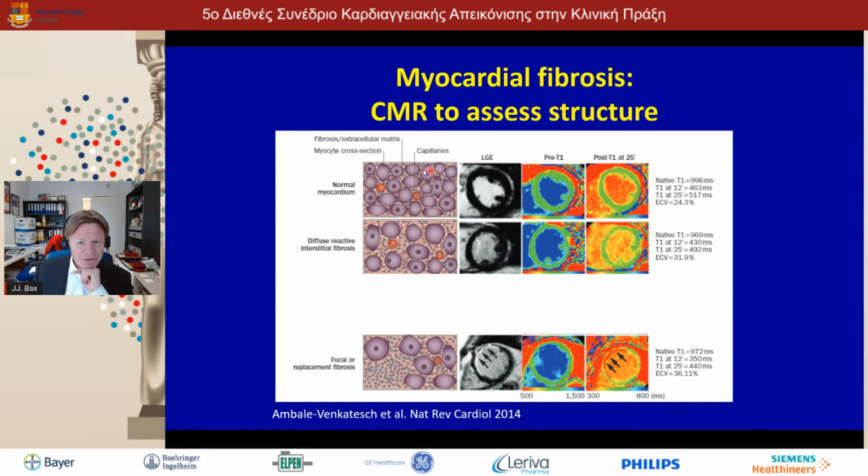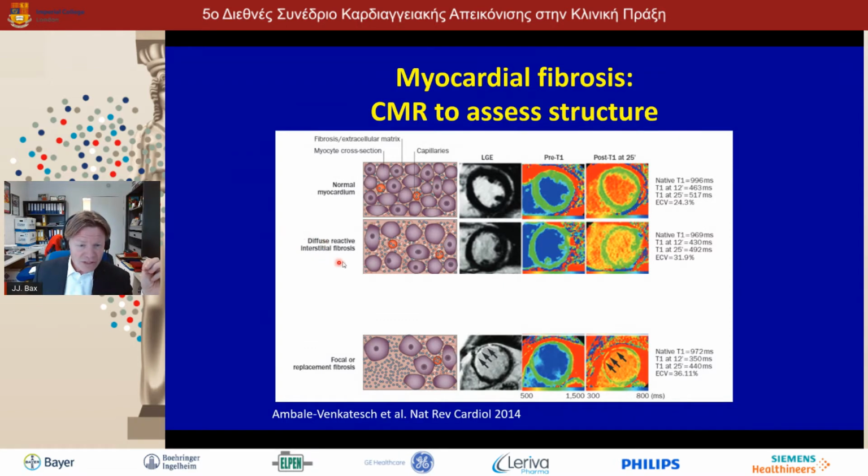I see nothing on my late enhancement. There are no typical white scars. And if I measure the T1 times, which translates into extracellular volume, you see that the extracellular volume in the normal situation is 24%. So it's not true that it's full of myocytes and nothing else. No, there is some extracellular volume, 24%.